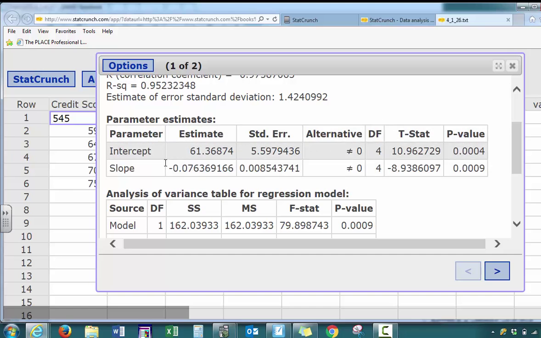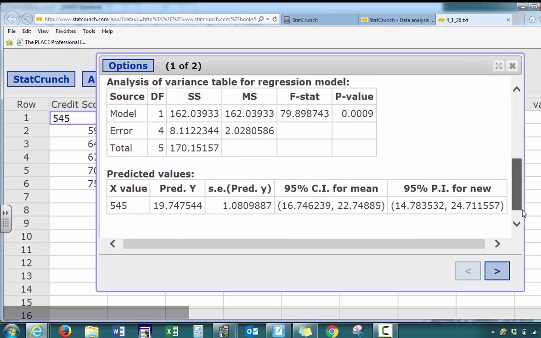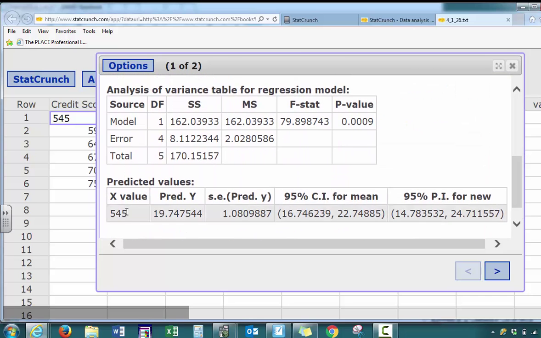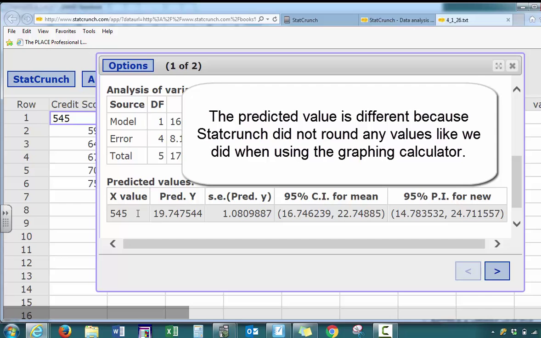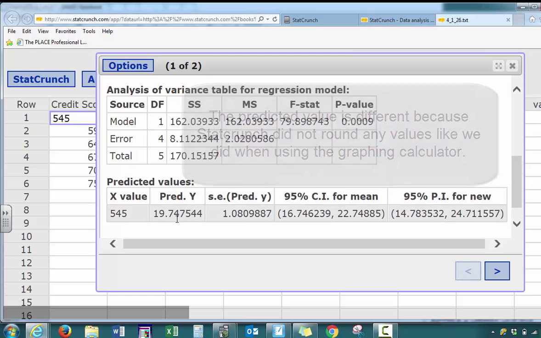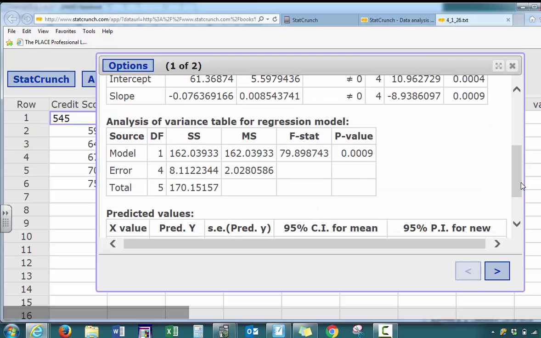If you're doing hypothesis testing on the slope or y-intercept, here are your p-values. Then at the very bottom, you have your x variable and your predicted y for that particular problem. The number's a little bit off from what we calculated because we rounded on our values, and in StatCrunch they do not.